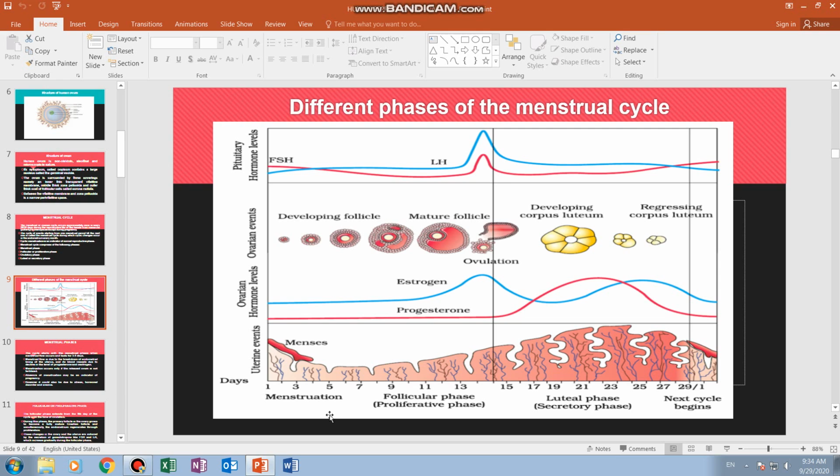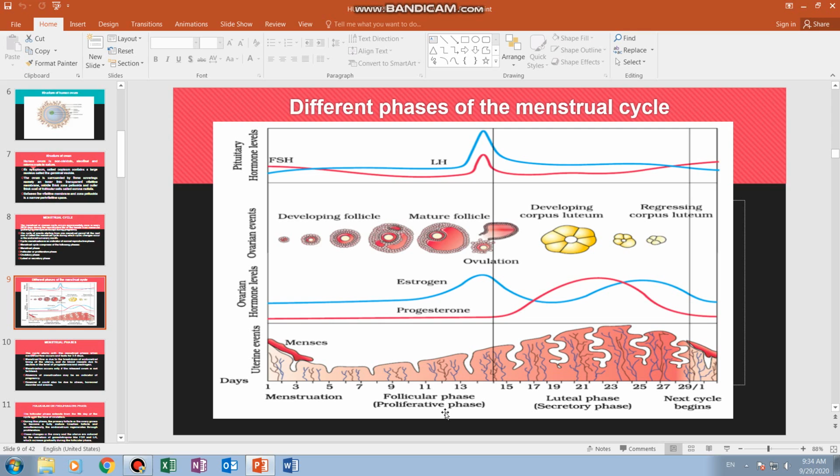From the name we can understand that it refers to the development of the follicles, that is primary follicle and secondary follicle. They grow, and one becomes a mature follicle, and from the mature follicle the egg is released. So from menstruation until just before ovulation, this period is called follicular phase or proliferative phase.